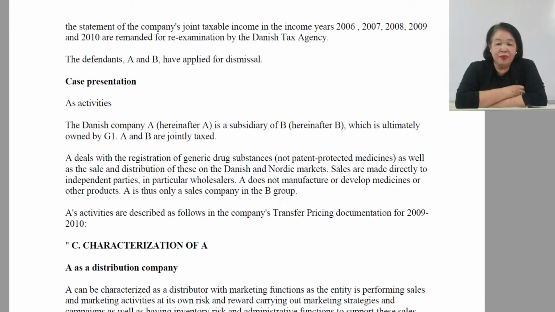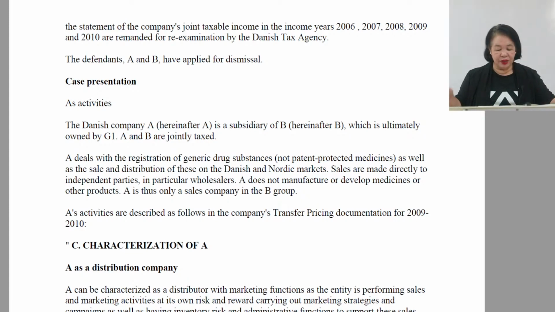The Danish company A, hereinafter A, is a subsidiary of B, hereinafter B, which is ultimately owned by GI. A and B are jointly taxed, no? So, pareho sila dalawa si A at saka B na taxed jointly. Okay.